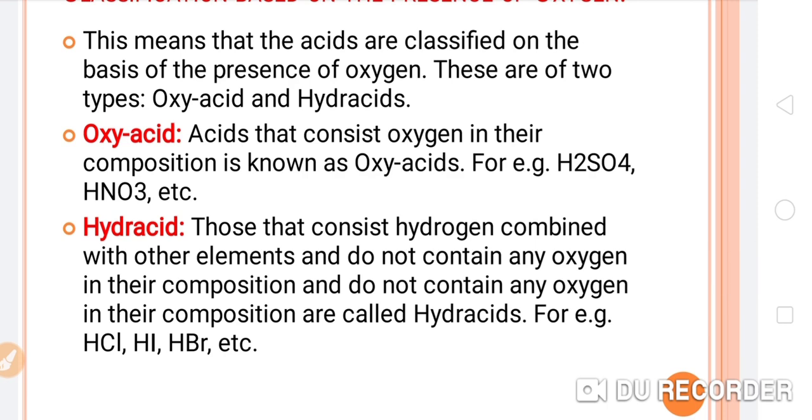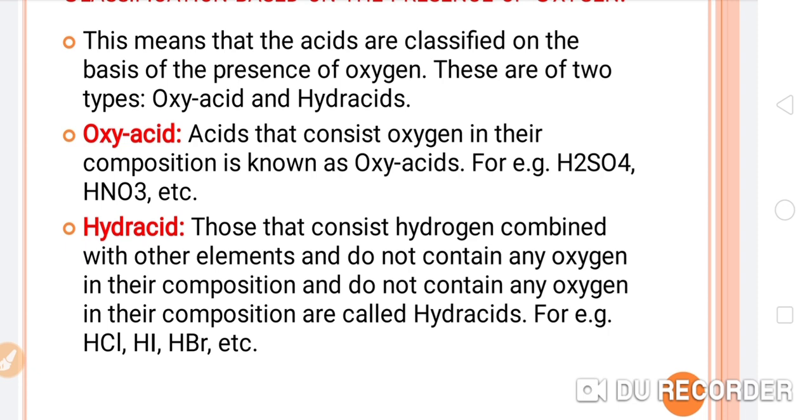Acids that consist of oxygen in their composition are known as oxy acids. For example, sulfuric acid, nitric acid. So here you can see there is oxygen existing. Oxygen is a part of the acidic molecules. Okay, so these are the oxy acids.